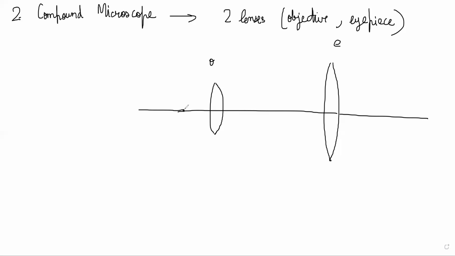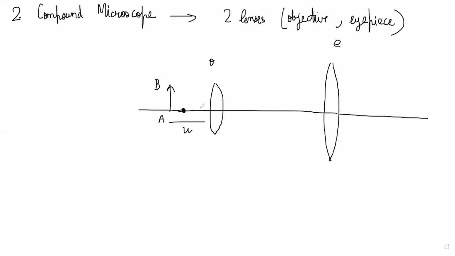So if the focus is here for the objective, the object is placed at a distance u, which is greater than this focal length.